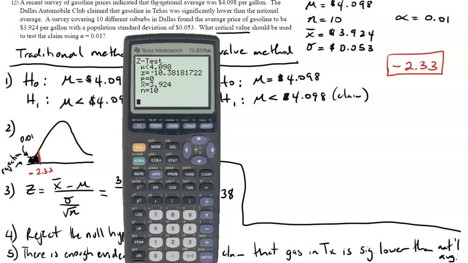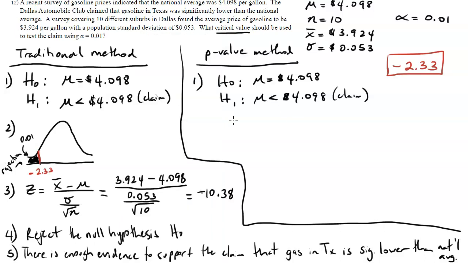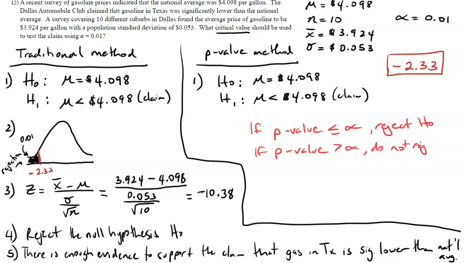Now here's the way the P method works. If p-value is less than or equal to alpha, reject the null hypothesis. If the p-value is greater than alpha, do not reject the null hypothesis. So where does it lie here?